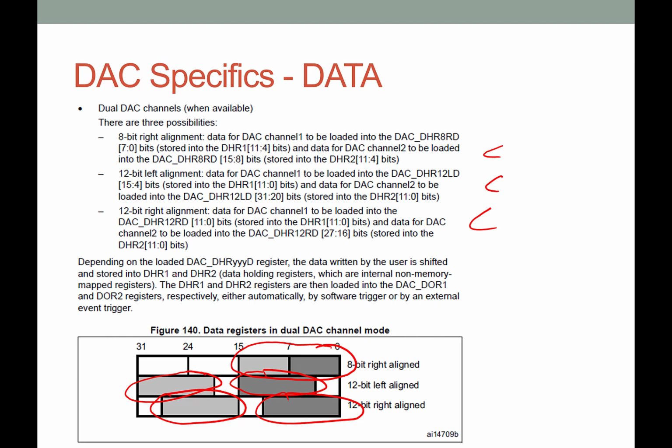It says, depending on the loaded DAC data holding register, the data written by the user is shifted and stored into the data holding register 1 and 2, which are internal non-memory mapped registers. The DHR1 and DHR2 registers are then loaded into the DAC data output register 1 and data output register 2 respectively, either automatically by software trigger or by an external trigger event.